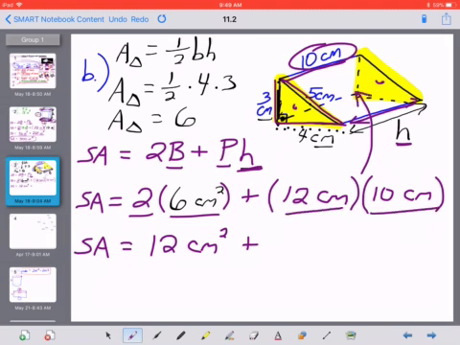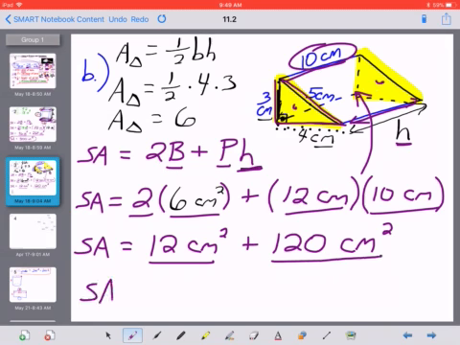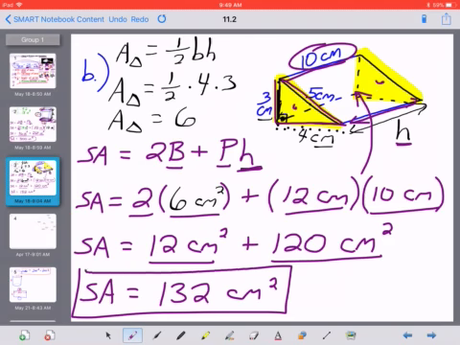So we multiply the 12 centimeters times the 10 centimeters to get a 120 square centimeter area for those 3 rectangles put together. So the 2 triangles on the end plus the 3 rectangles in the middle are going to get us a total surface area for all 5 faces right here of 132 square centimeters for the surface area of this triangular prism.